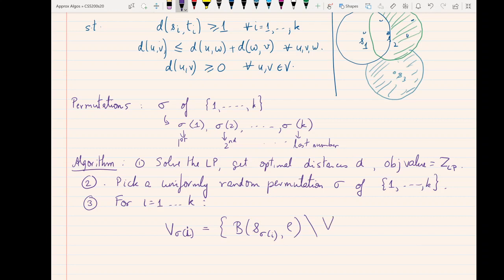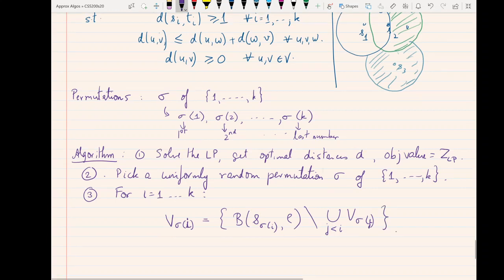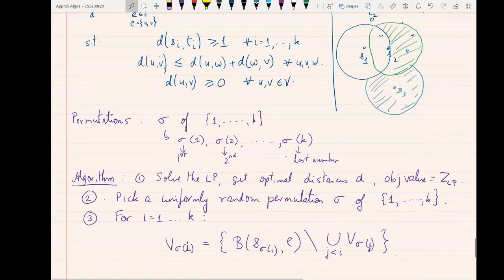So we're going to subtract all that out, minus the union over j less than i of V sigma of j. So it's exactly the picture that I've shown over here, except now you will consider this in order of the permutation. So you might first go for S3 and then S2 and then finally S1 if your permutation was 3, 2, 1.